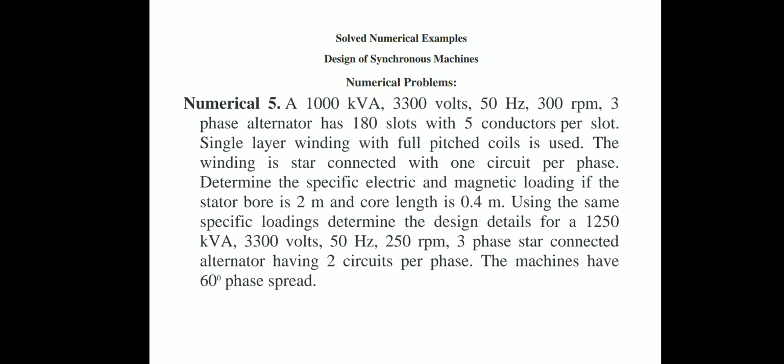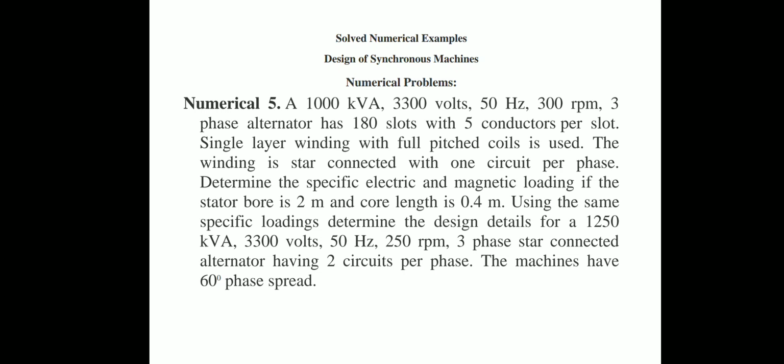Numerical number 5. A 1000 kVA, 3300 volts, 50 Hz, 300 rpm, 3-phase alternator has 180 slots with 5 conductors per slot. Single layer winding with full pitched coils is used. The winding is star connected with one circuit per phase.